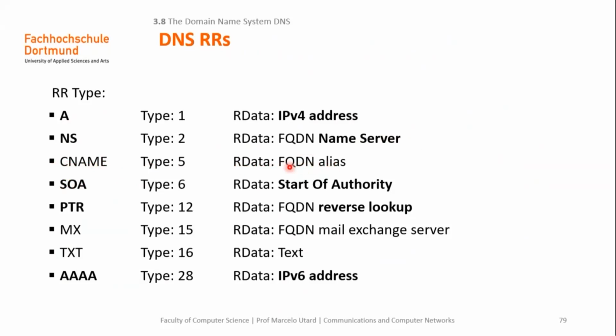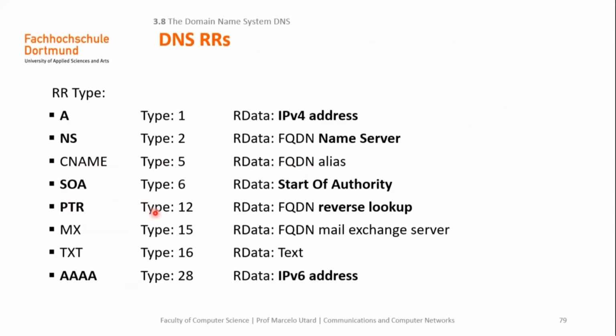That is very useful because we can translate any domain name into another domain name. CNAMEs are typically used for that, in order to transform a fully qualified domain name into another fully qualified domain name. That is, in fact, an alias of the domain name of the resource record.